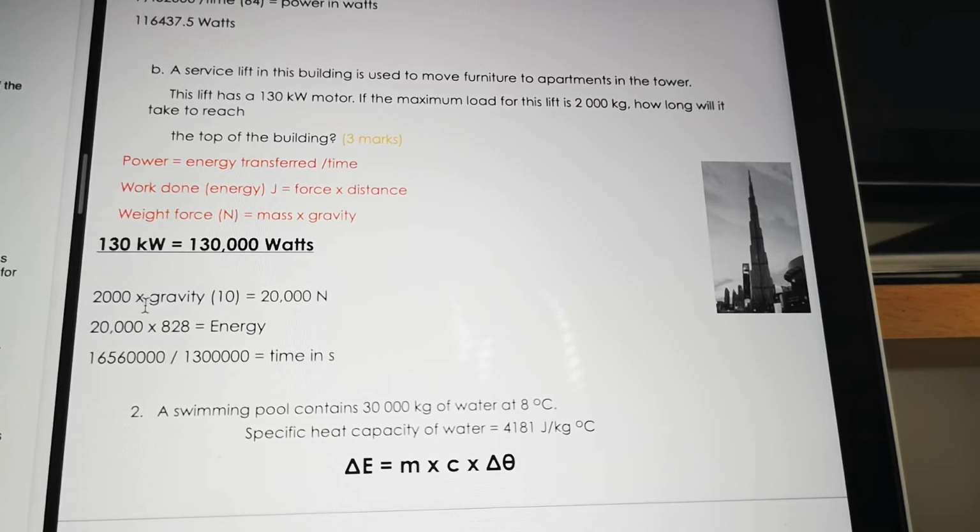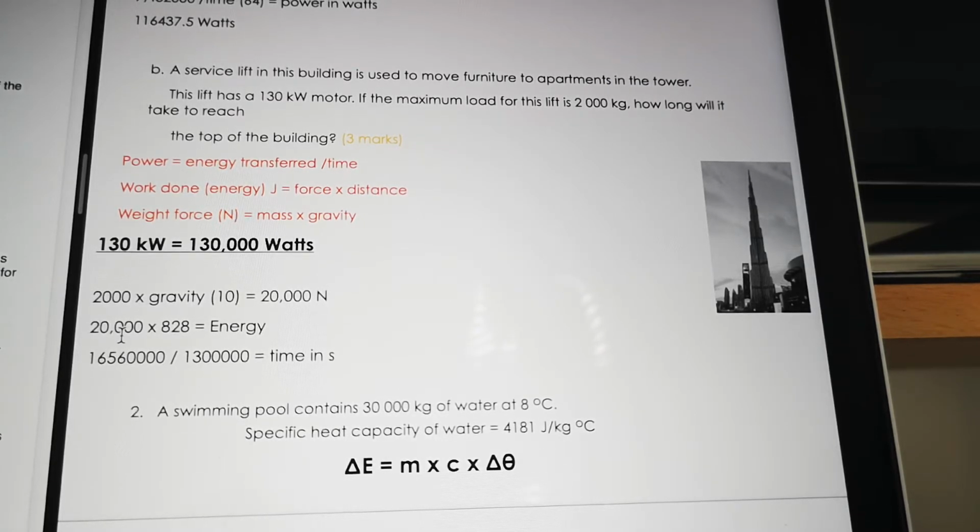So 2,000 times 10, which is gravity, will give us our force. So that's there, our force, 20,000 newtons. We can plug that into the equation times distance. So it's 20,000 times the distance, which is 828, will give us the work done.